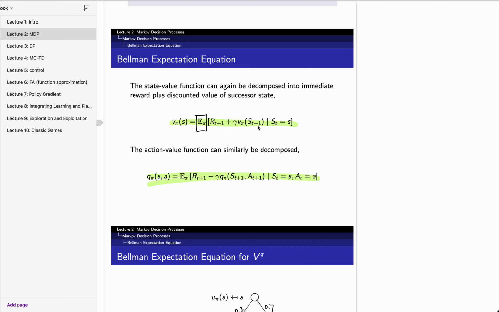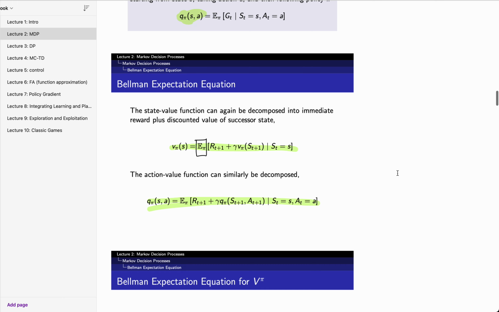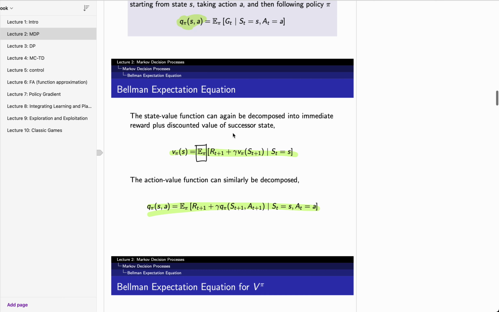You can simplify all the future rewards by replacing them with just the value function of the next state. You can do some arithmetic rearrangement and replace the goal with just the immediate reward plus the value function of the next state times the discount factor. Similar for the action value functions.